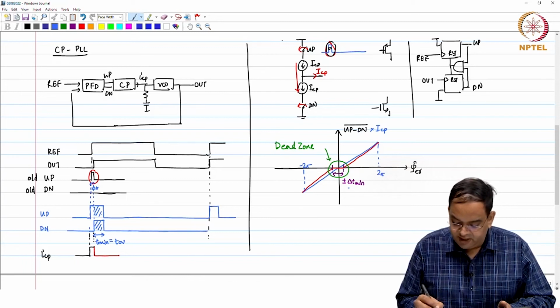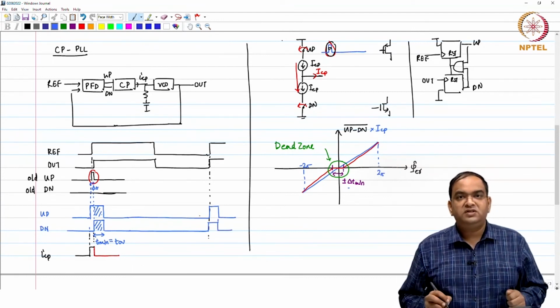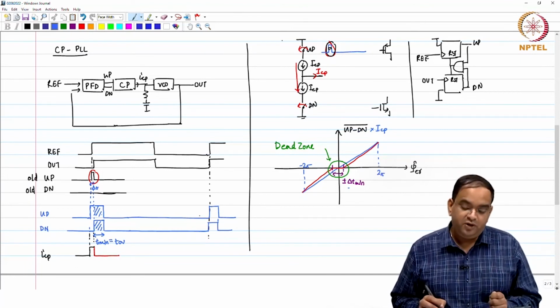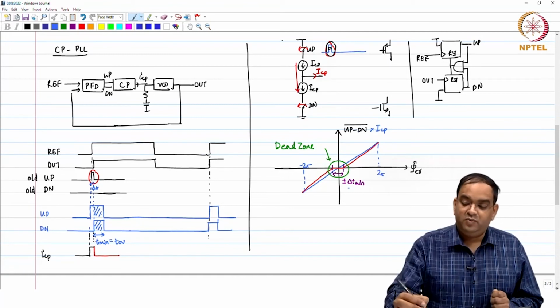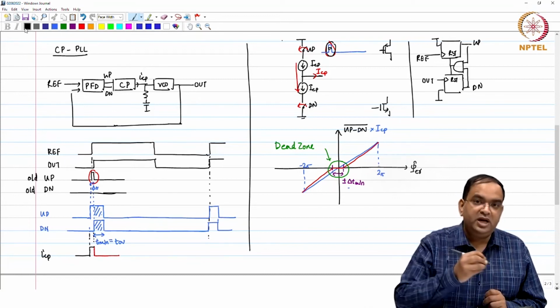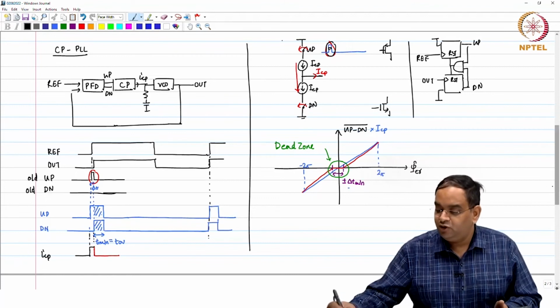Similarly, I will have my down pulse going high for the same amount of time and coming down. So, in the charge pump, both the switches get closed for 0 phase error. You have 0 current going into the loop filter, but current flowing from top to bottom in the charge pump. Okay. So, in this way you can actually get rid of your dead zone problem.